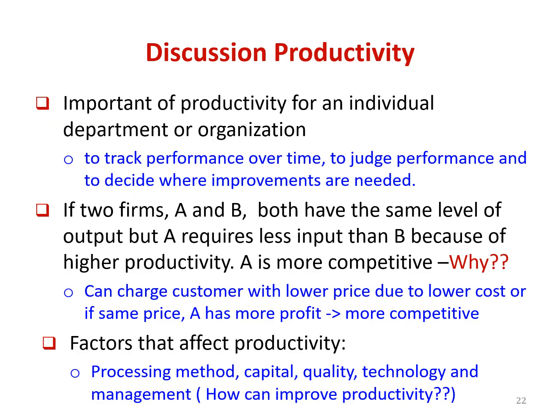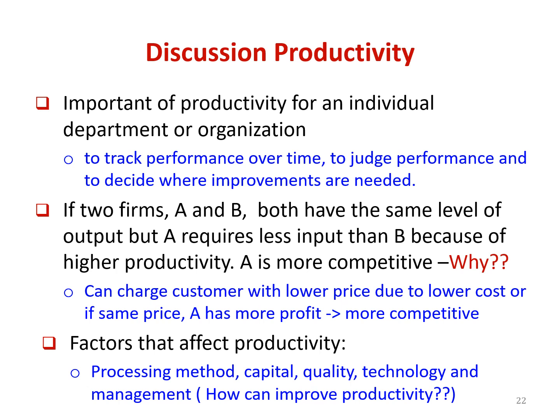For the conclusion on this topic, productivity is a very important measurement for an individual department or organization, because you are able to track your performance over time and see whether improvement is needed. If we have two firms, A and B, that have the same level of output, they produce the same amount of finished product.